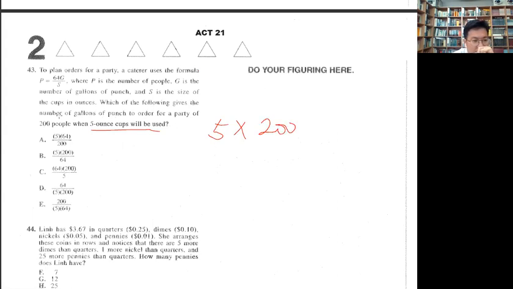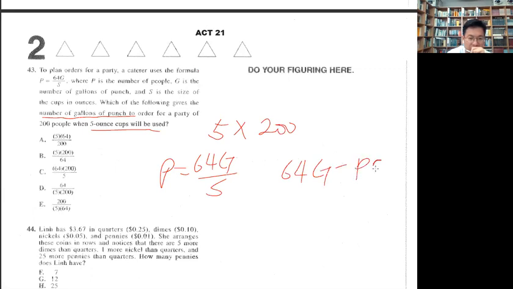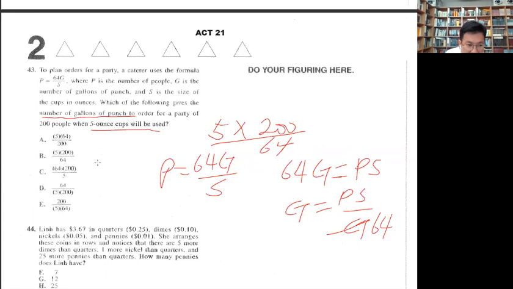But then number of gallons of punch, right? So basically, it's like this. P equals 64G over S, but then 64G equals GS, and then G equals GS over 64, I'm sorry, 64. So divide by 64 is the answer.